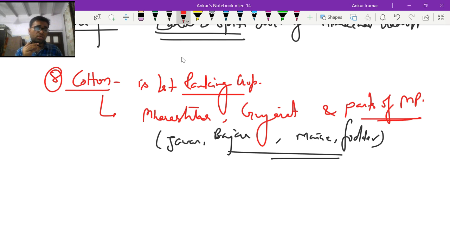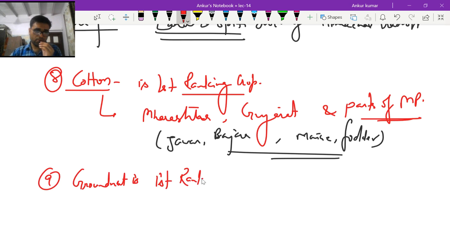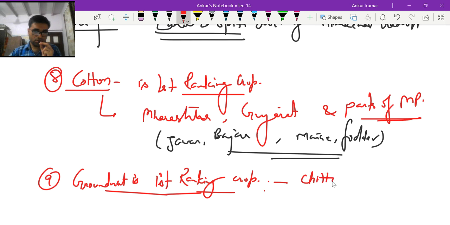Okay, moving on to the ninth region, where the groundnut is the first ranking crop. These areas include particularly the Chittoor and the Kadapa district of Andhra Pradesh, right?